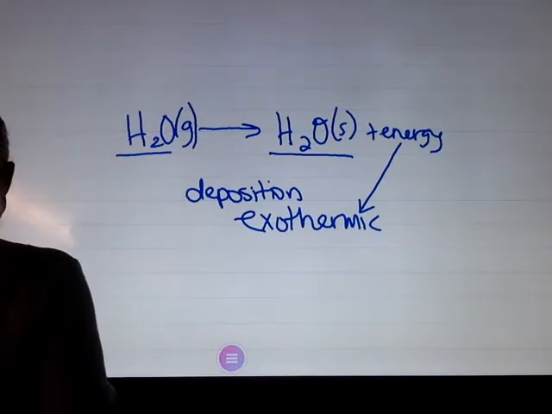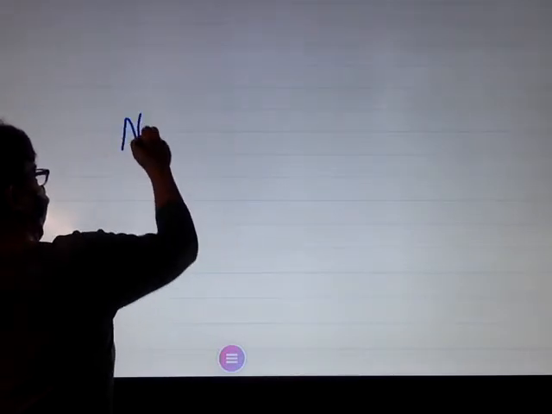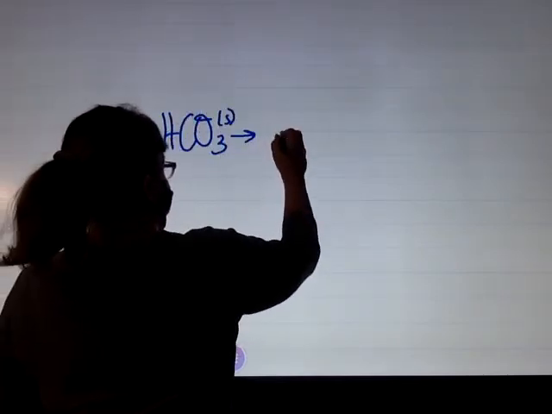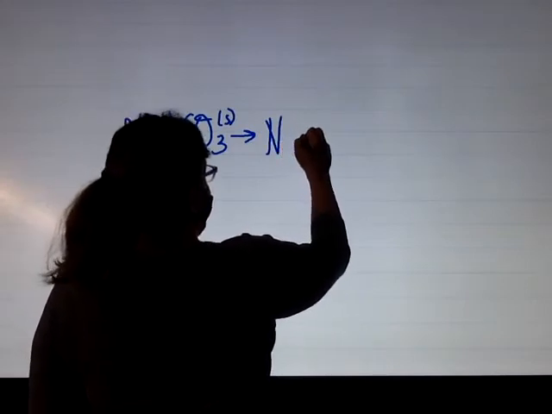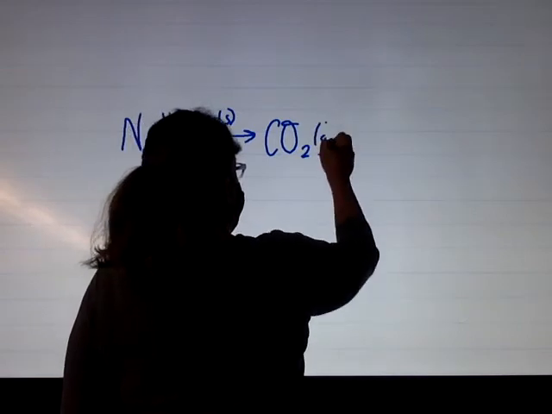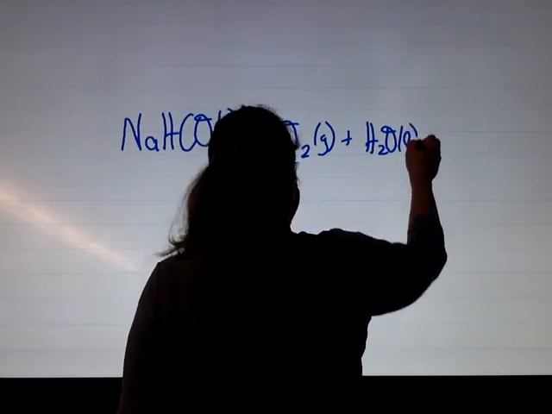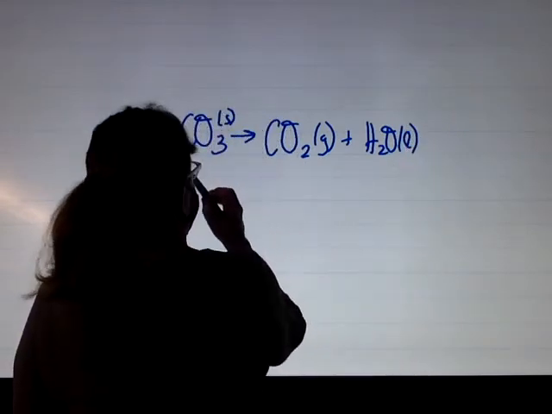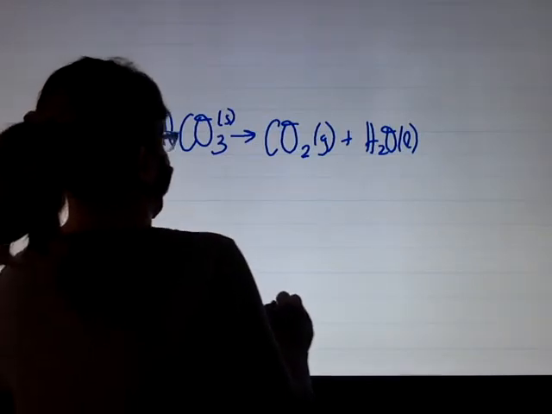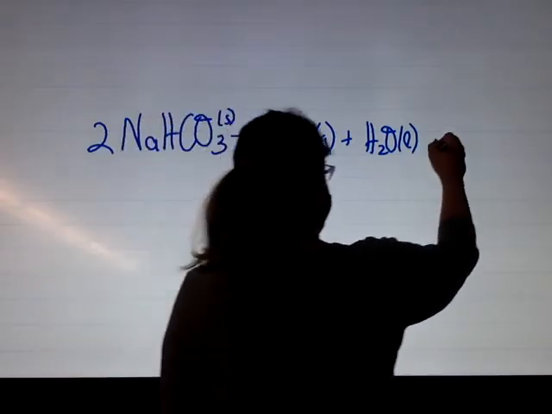Now, we're going to take a look at a chemical change now. Let's say that's a solid. And let's do this. And whatever's left. I'm not balancing this correctly, but that's okay.